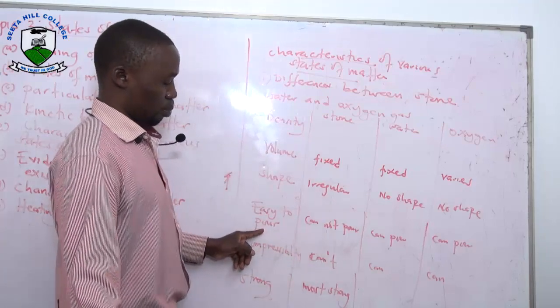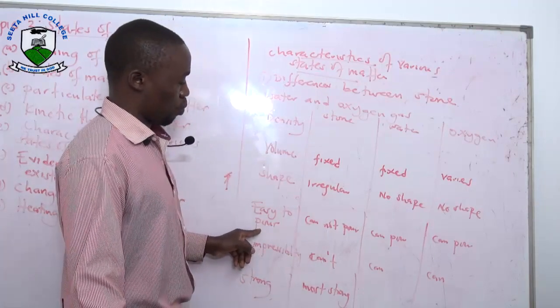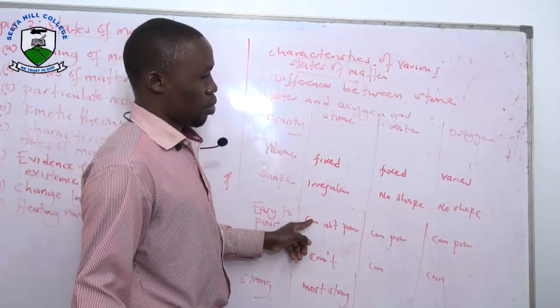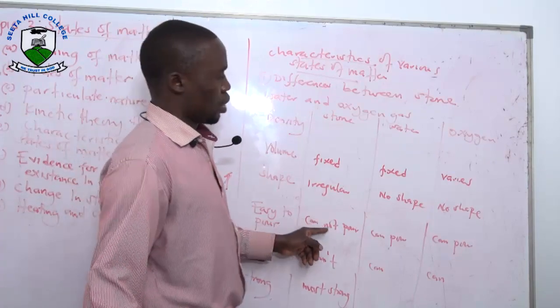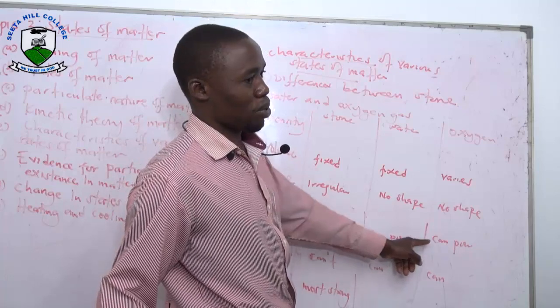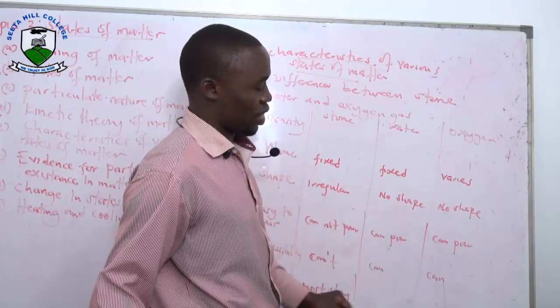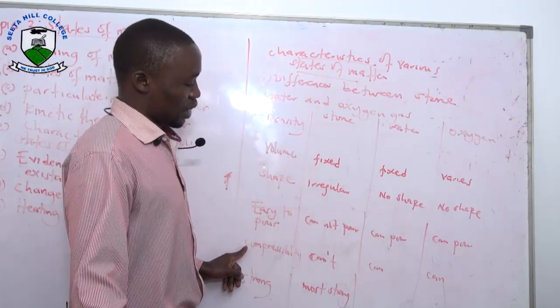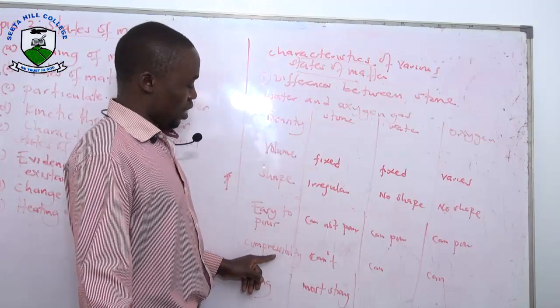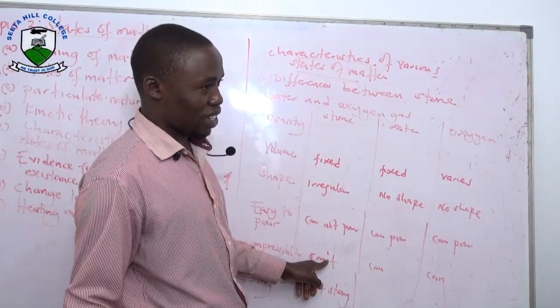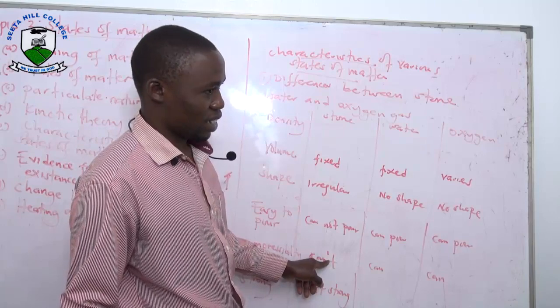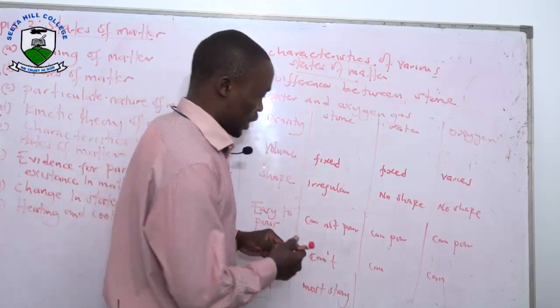Easy to flow, easy to pour or flow. A solid can't pour, but you can pour a liquid and pour a gas. That's correct. Compressibility. You said you can't compress a solid. What of a liquid? Can't be compressed.